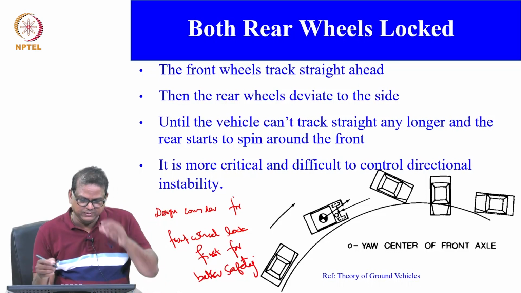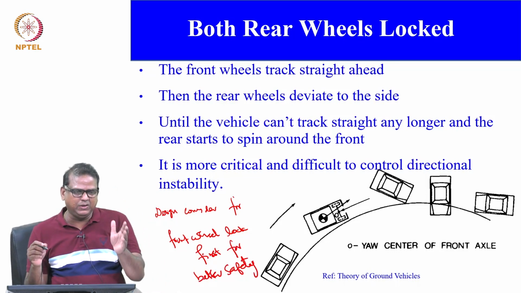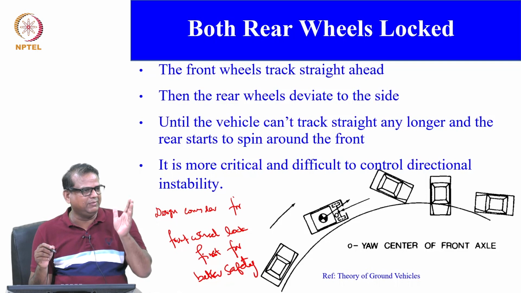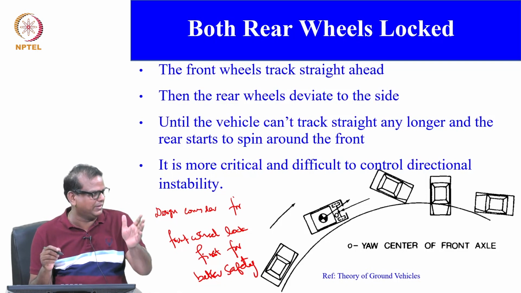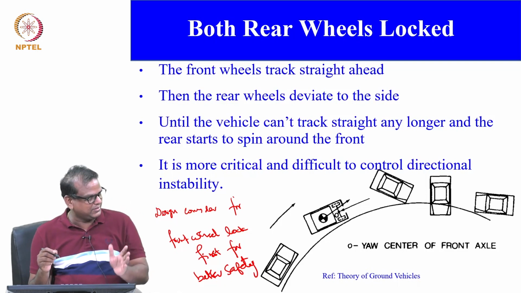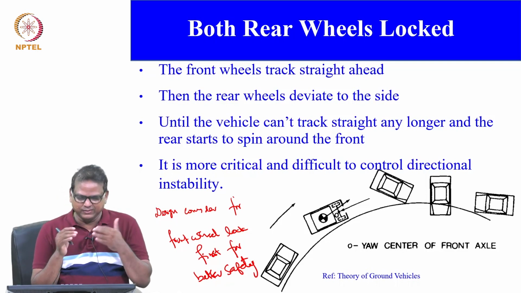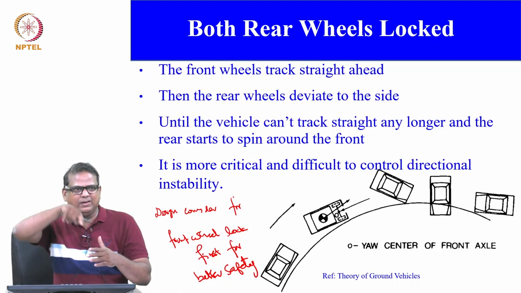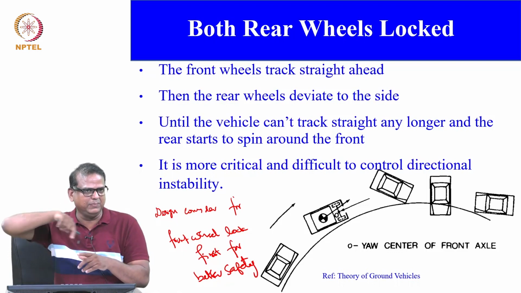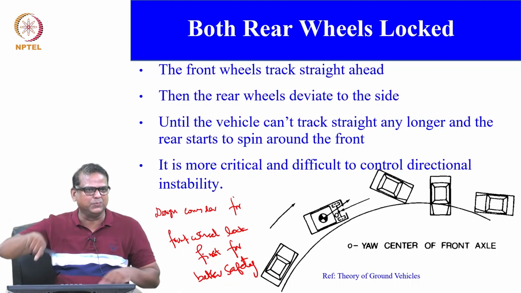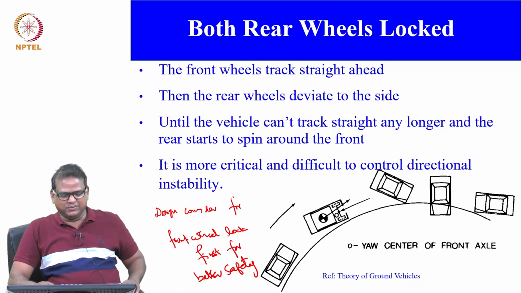So what do you understand? When the front wheels lock, you will have a loss of directional control, whereas directional instability is not there. The moment you have rear wheel lock, you will have directional instability. That means it starts spinning around, which is not good.